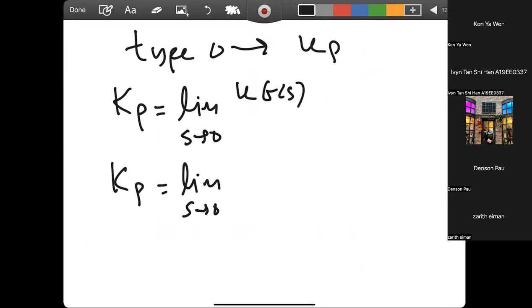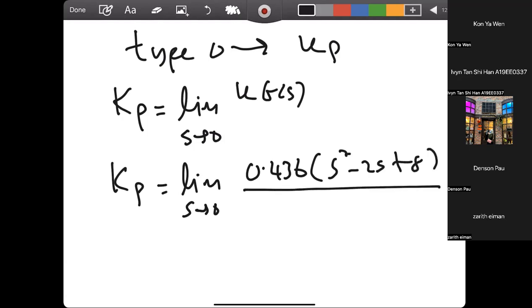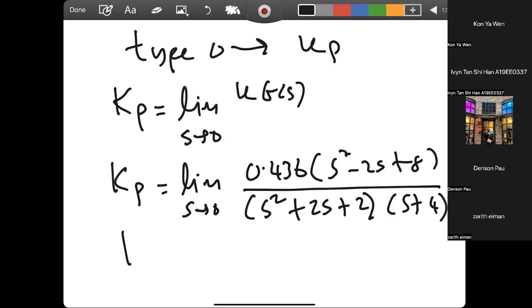Kp is the limit of G(s), 0.436 times G(s). Okay, so Kp is 0.436, same as the gain because it cancels out.